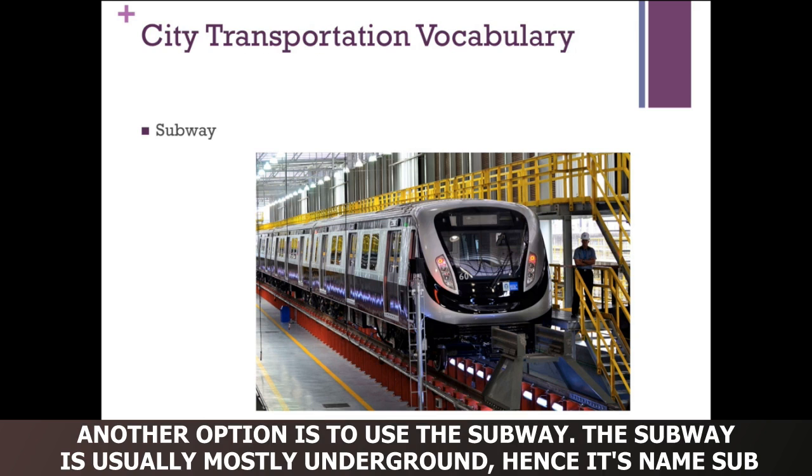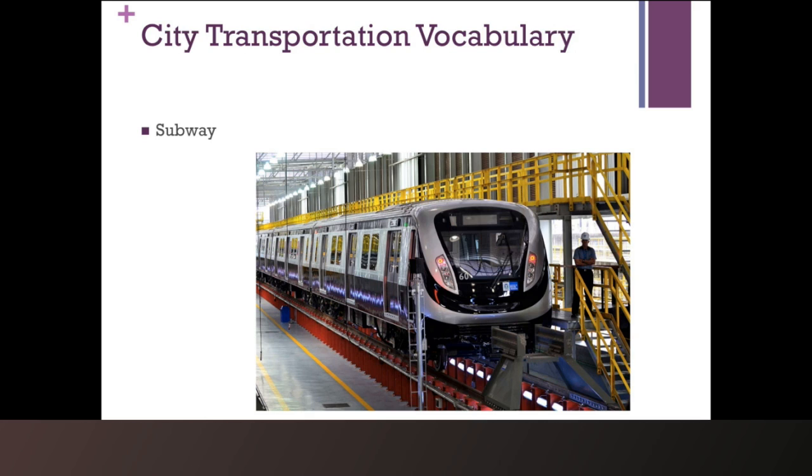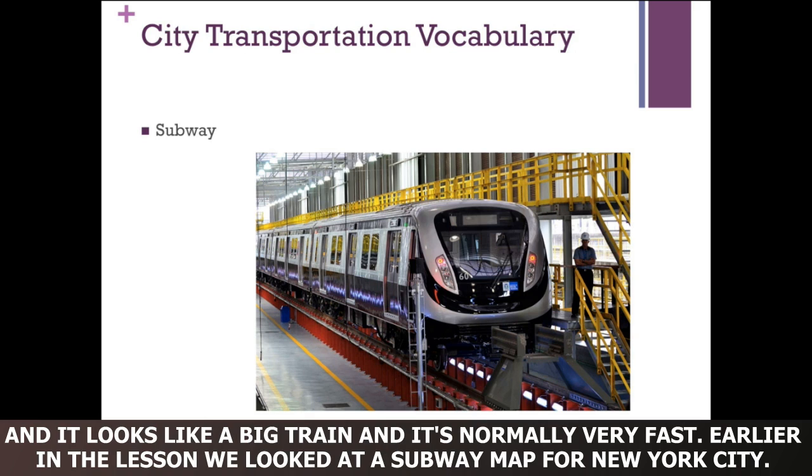Another option is to use the subway. The subway is usually mostly underground, hence its name, sub, and it looks like a big train, and it's normally very fast. Earlier in the lesson, we looked at a subway map for New York City.